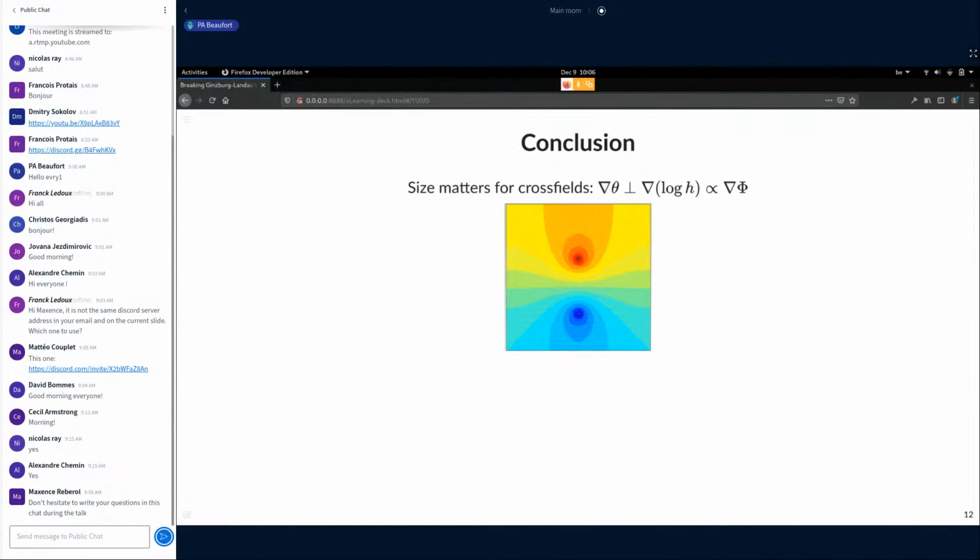It may appear suboptimal, but you don't have the choice if you want a crossfield which fits a given size map. So somehow you should be able to add those critical points.